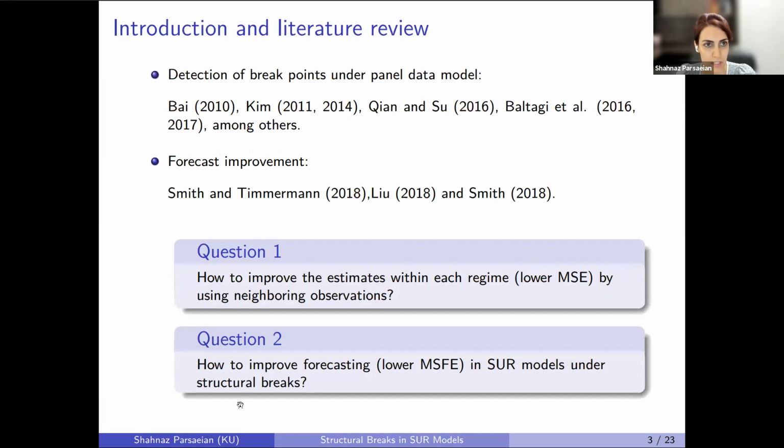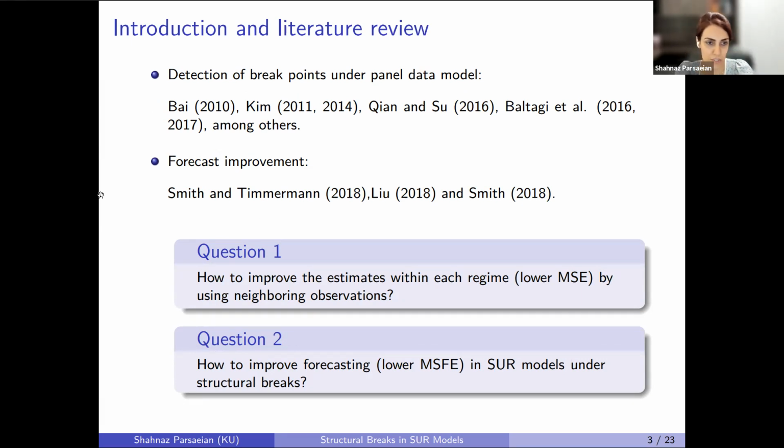A little bit about the literature review. We can say that the literature in this area is divided into two streams. The first stream focuses on detecting breakpoints under panel data models. It goes back to 2010, and there are many great contributions in this area, some of which I have listed here.